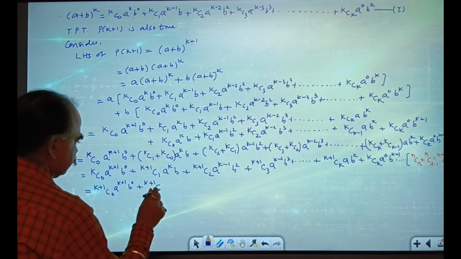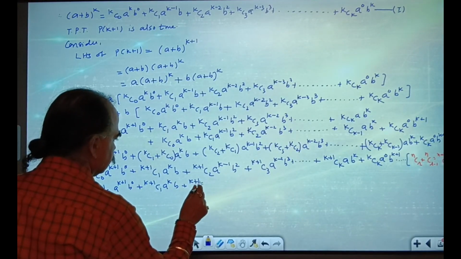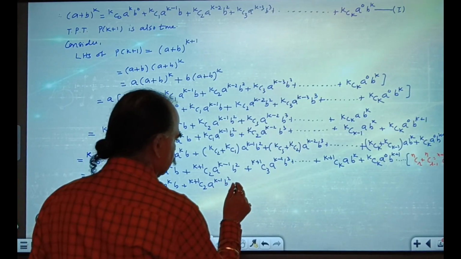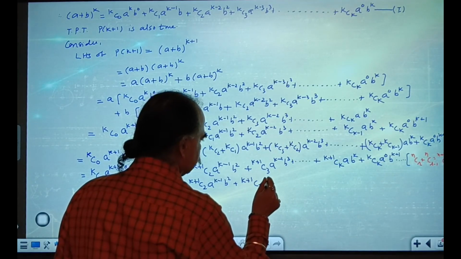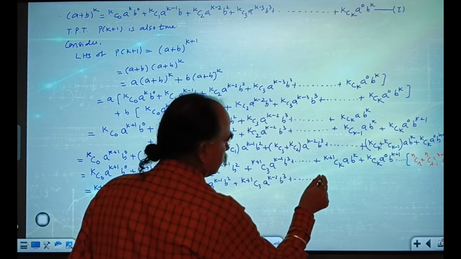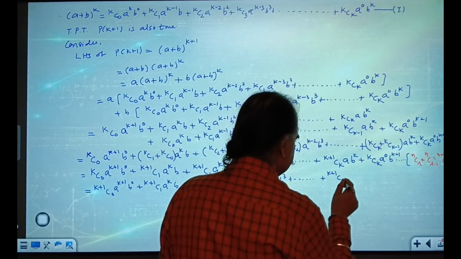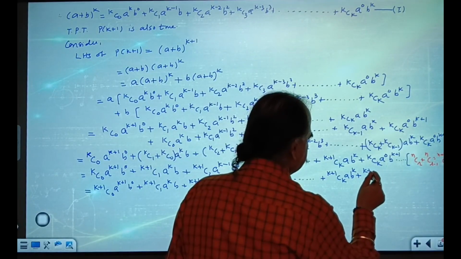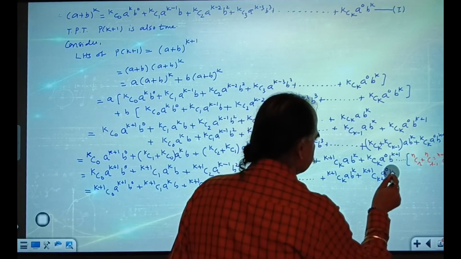Rest keep as it is: K plus 1 C1 plus K plus 1 C2, K plus 1 C3, plus K plus 1 CK, K plus 1 C K plus 1 A raised to 0 B raised to K plus 1.